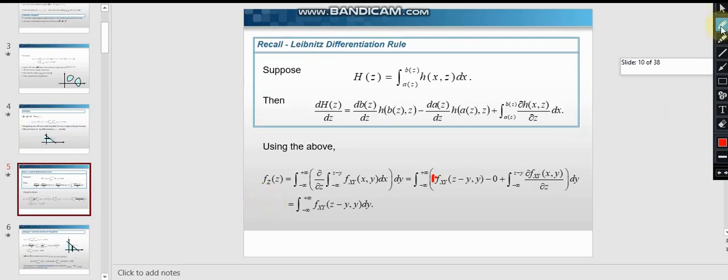Now next, if the random variables x and y are independent, we can write this term.